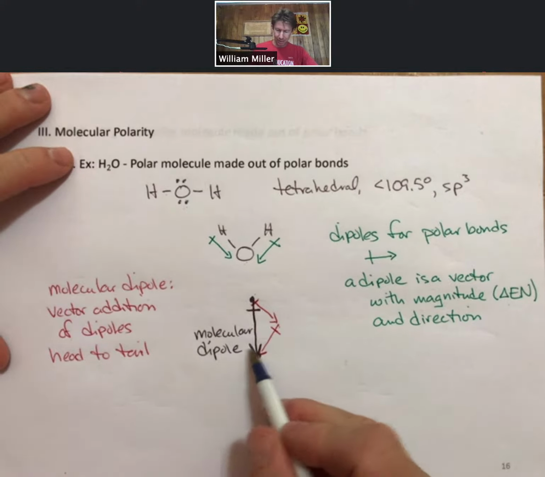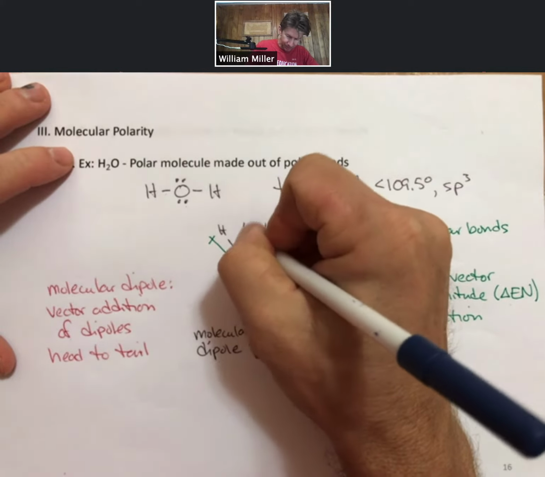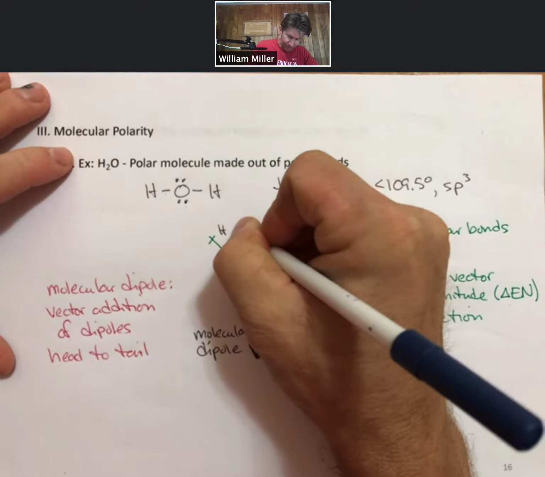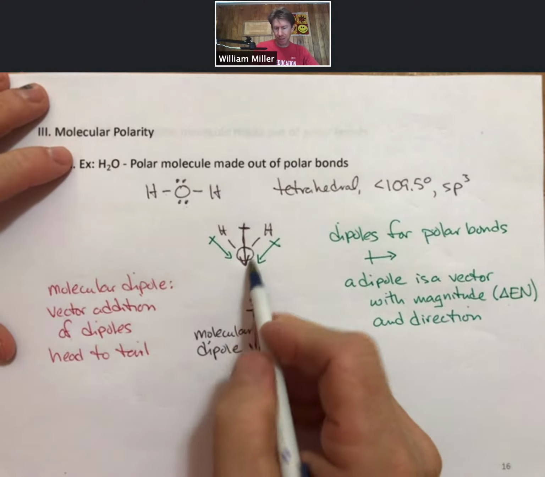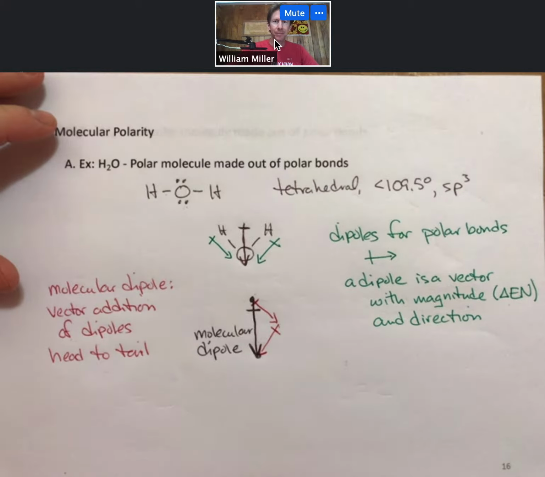And we can see that the molecular dipole, when we draw it on the actual molecule, goes straight toward the oxygen from between the two hydrogens. And that's actually something that has relevance to us, because if you've ever used a microwave oven, all it does is take the water molecules, oxygen, hydrogen, hydrogen, and flip them along the molecular dipole.